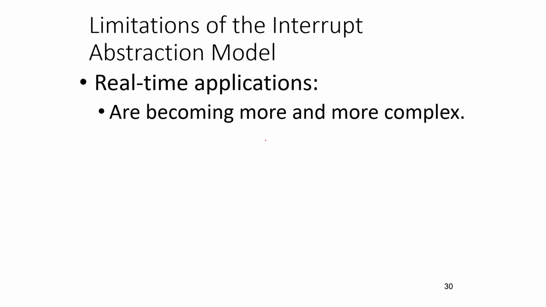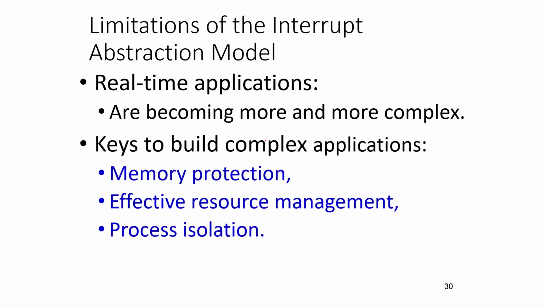What are the limitations of this interrupt abstraction model? So we need to understand real-time applications are becoming more and more complex. There is a need to build complex applications which also have virtual memory. So we have always indicated that virtual memory is a cause for low performance. Of course, it is required. Nobody is denying the fact that virtual memory is required. But virtual memory comes with its own set of problems.